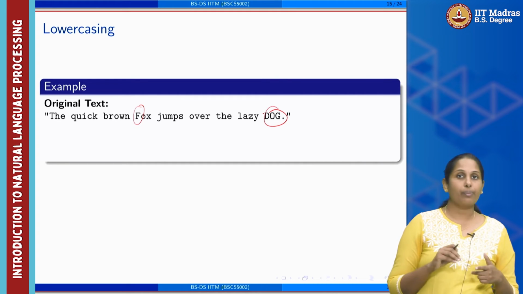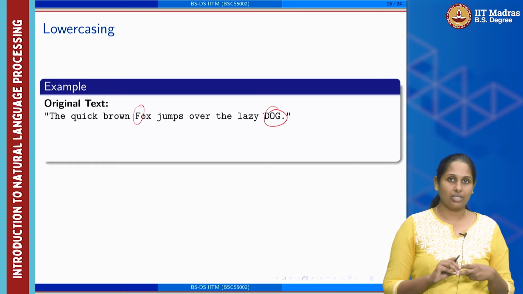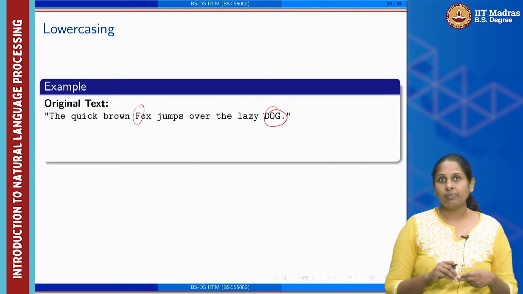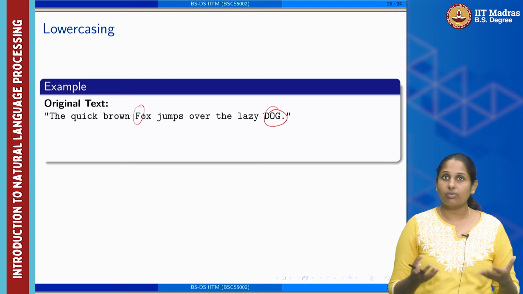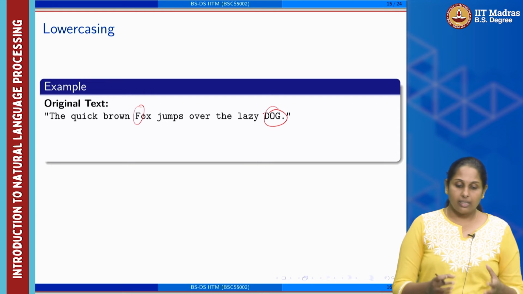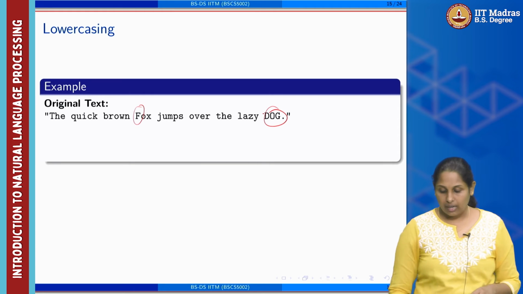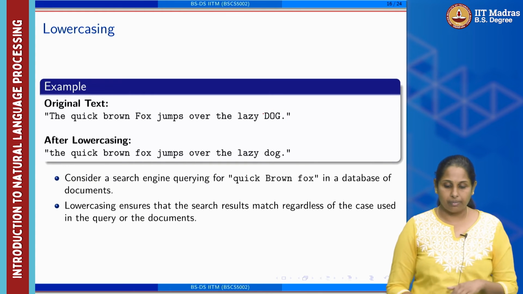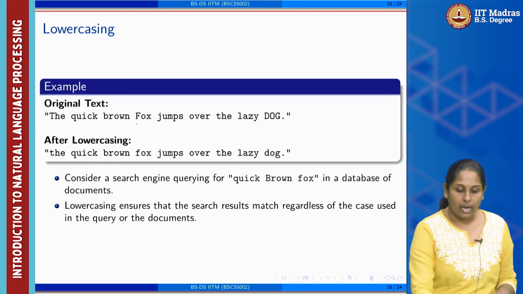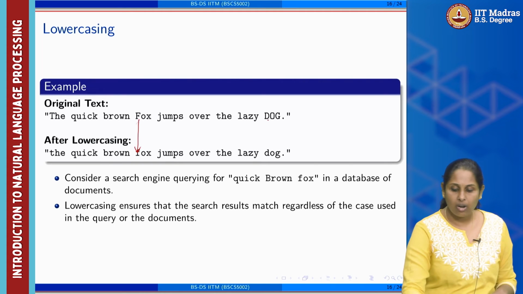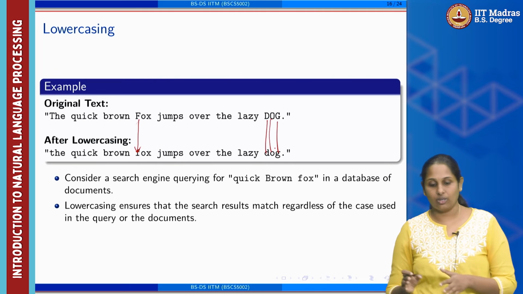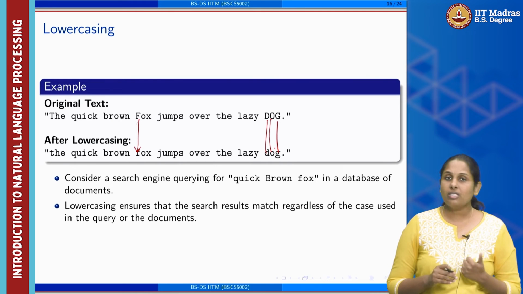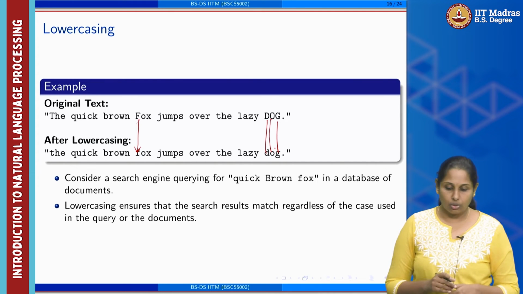Most of the time proper nouns and the start of a sentence are written in uppercase, and abbreviations and other special mentions are also written in uppercase. But let us say we have a sentence written like this. Now, if we convert it, capital F is changed into small f, and DOG is again changed into lowercase. So, what is the use case? Why do we need to do that?